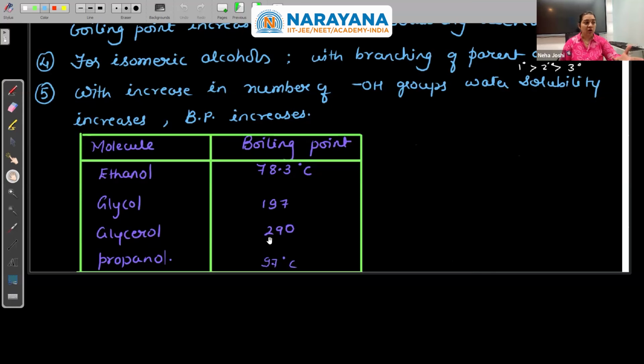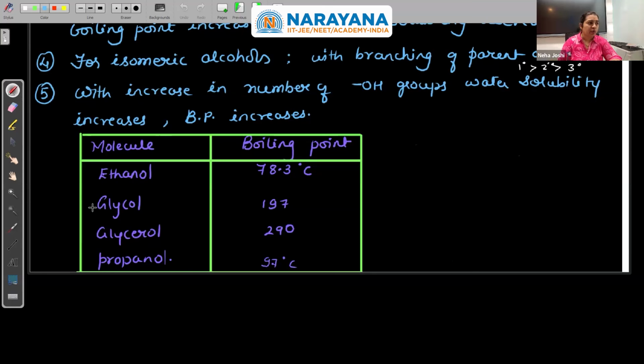When we go to glycerol, similar is the observation. Roughly, if I say roughly, I'm not saying exactly, with increase in OH, I can say 100 degrees centigrade boiling point is increasing. Of course, not exact, we are generally saying. And see, if I go to propanol, there is increase in molecular weight, right?